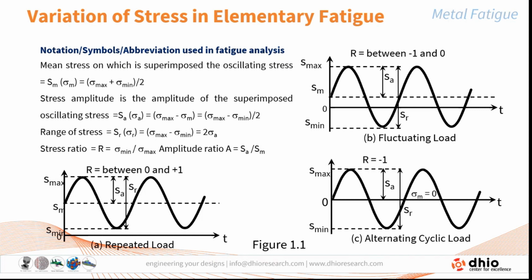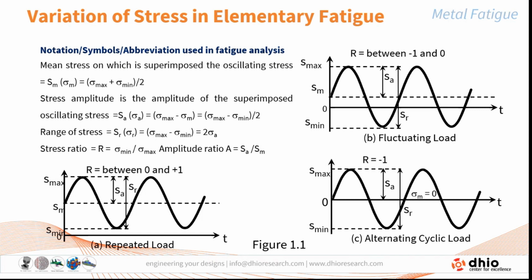Whereas in the case of fluctuating load, we have the sense of loading changing from one case to the other, as for some time it is subjected to tensile and for some other period it is subjected to compression. So it has a stress ratio which varies between -1 and 0.